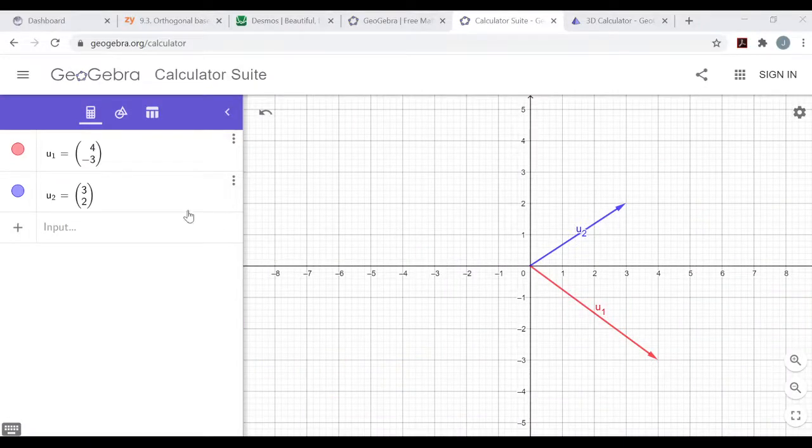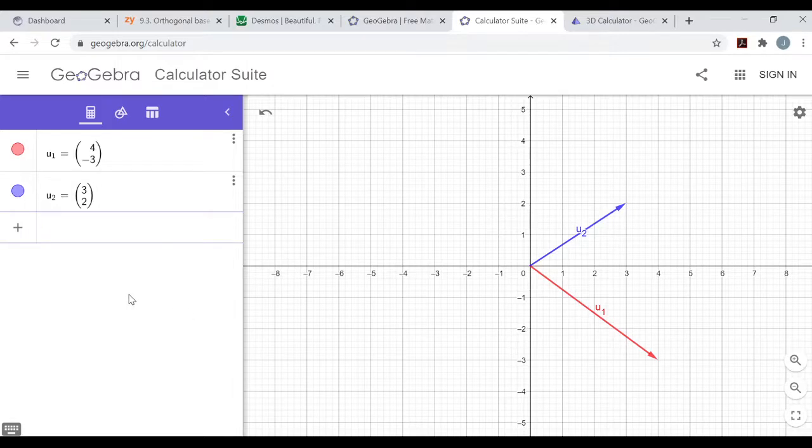You see U1 in red is the vector 4, -3. U2 in blue is the vector 3, 2 on the regular coordinate plane here, R2. And you see they point in different directions, right? So they'd form a basis for R2, but not orthogonal. These don't look like they're forming a 90-degree angle.